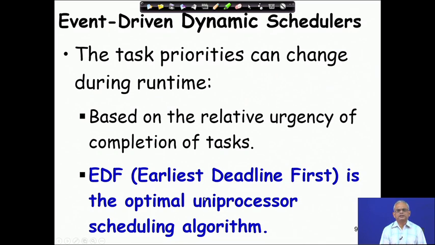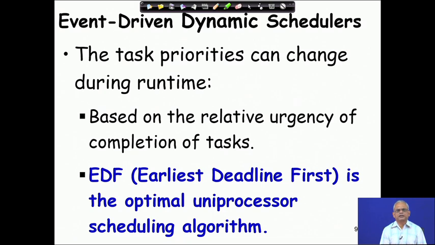One reason why the priority of a task may be changed by the scheduler is because of the urgency of task completion. So, one task may be waiting for a long time and it is about to miss its deadline, then the scheduler will increase its priority, so that it will be able to meet its deadline.